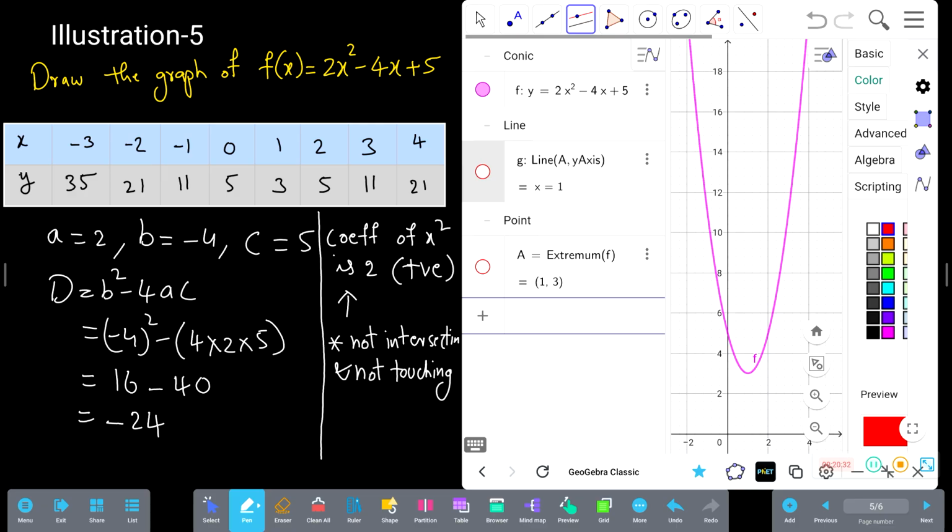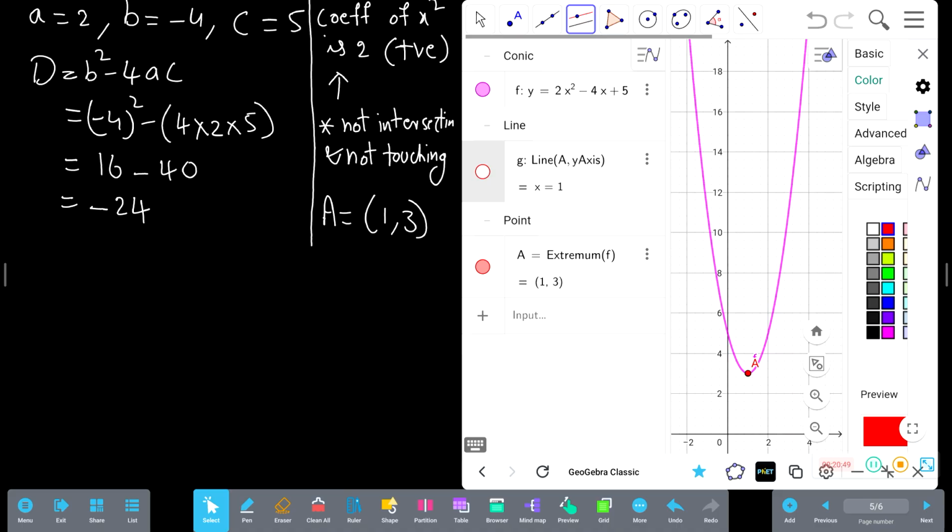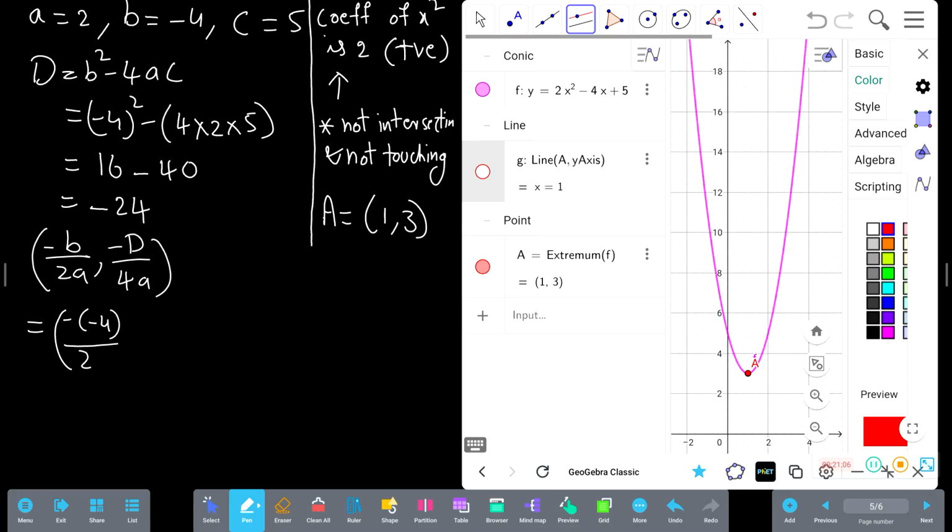Now we will see the vertex. Vertex A is what? We are getting it as 1, 3. Now we will try to find the vertex using the formula. The vertex formula is minus b by 2a and minus d by 4a. What is b? Minus b is minus of minus 4 by 2 into a, which is 2, right?